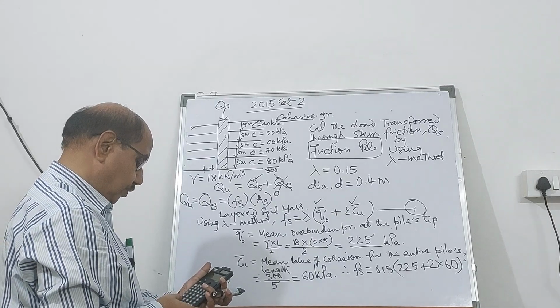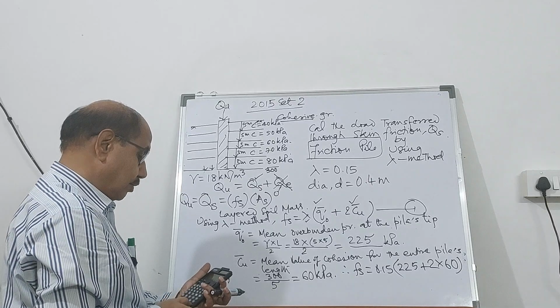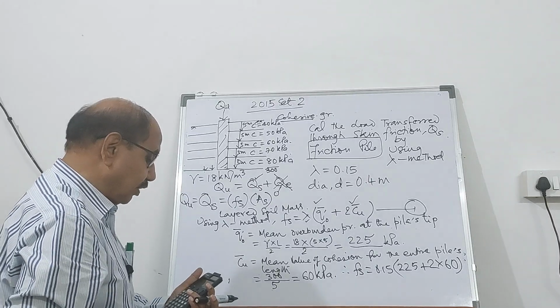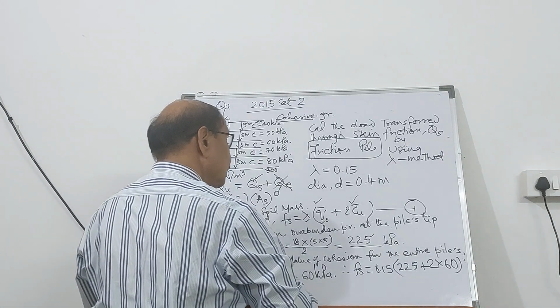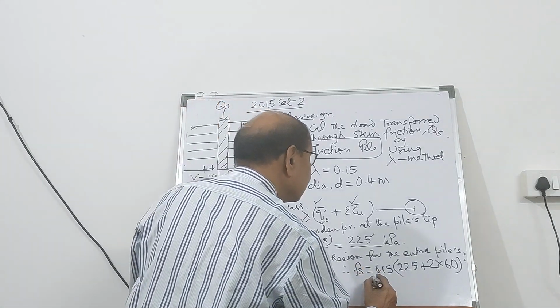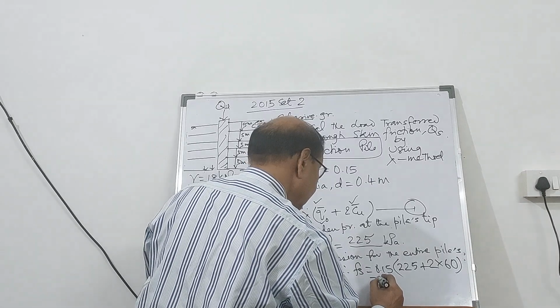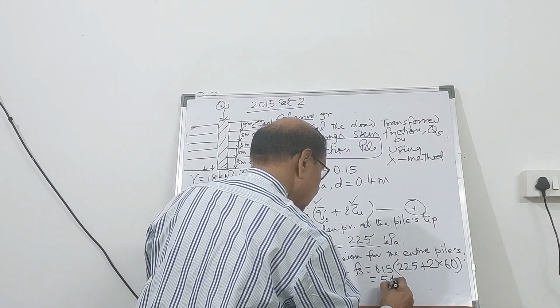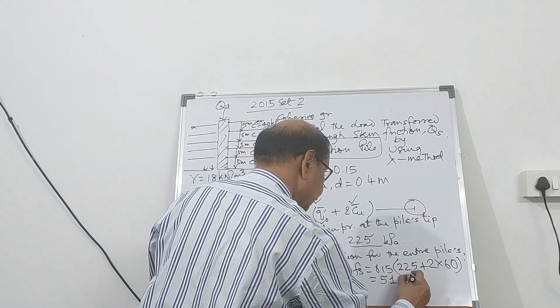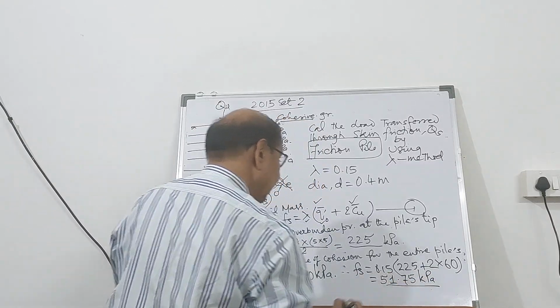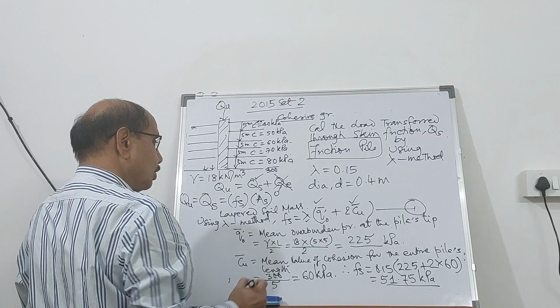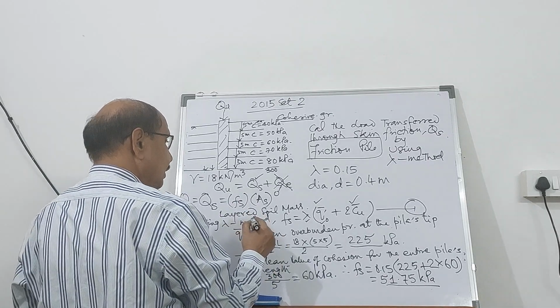Multiplied by 0.15, this gives you 51.75. So Fs is known to me.